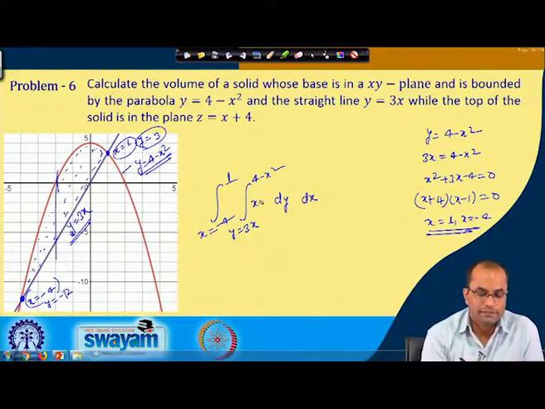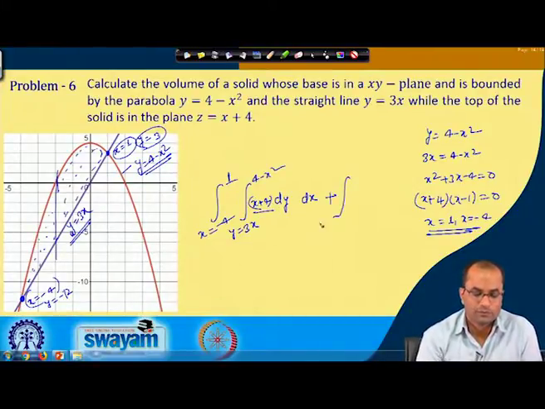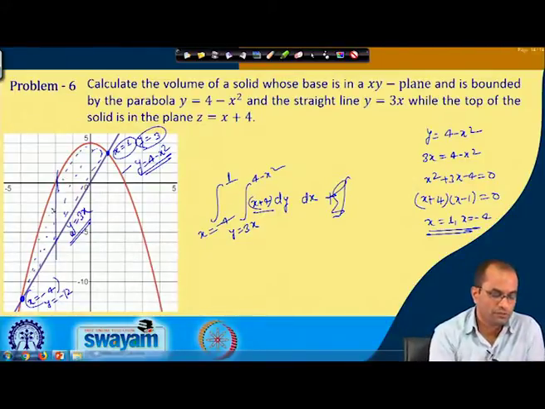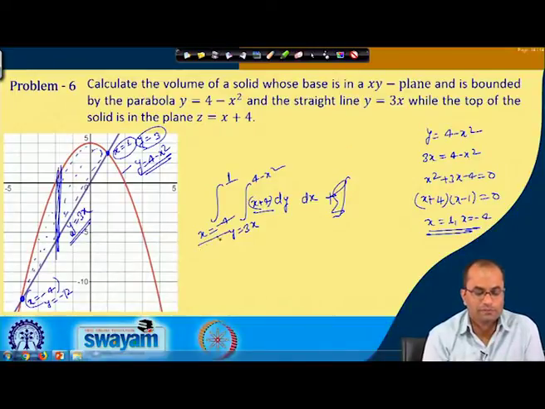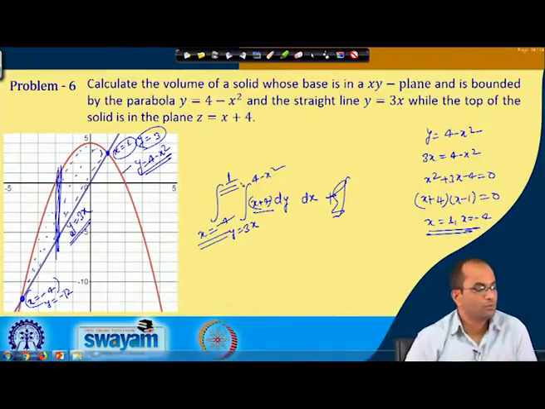The integrand will be x plus 4. That is the only integral because we have covered the whole region here.